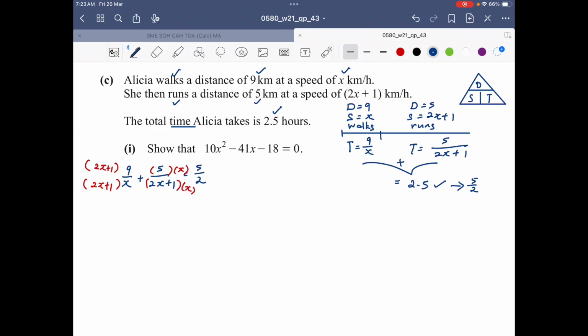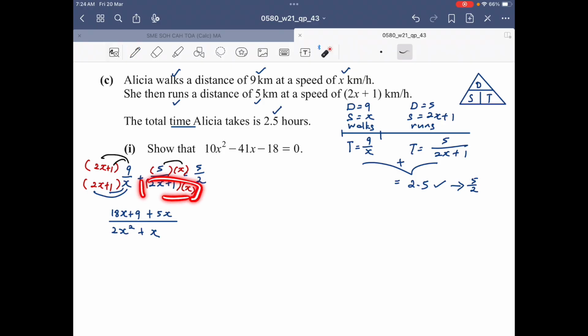Okay, so when we do that, we will open out the bracket. For the top numerator, we have 18x plus 9 plus 5x. And the denominator part, 2x squared plus x.